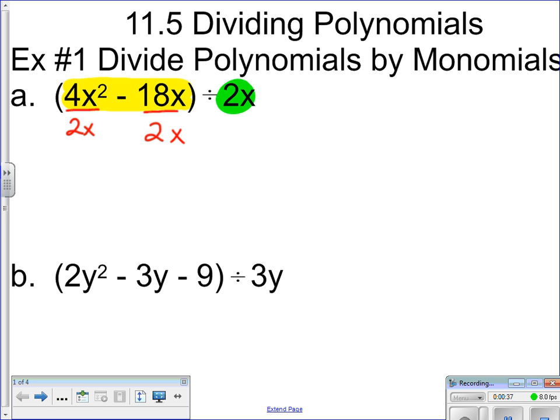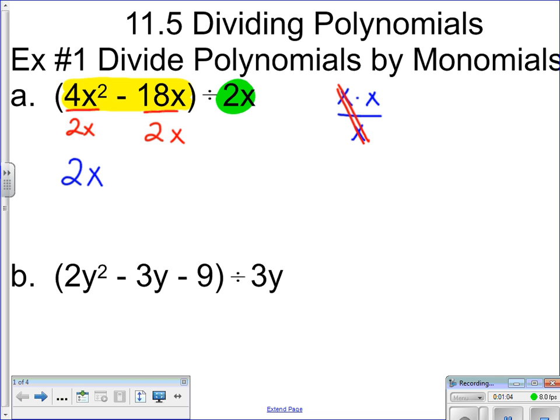I'm going to start off with 4 divided by 2 is 2, and then x squared divided by x. Well, x squared is 2 x's divided by a single x. One of the x's from the bottom and one of the x's from the top cancel out, leaving you with a single x.